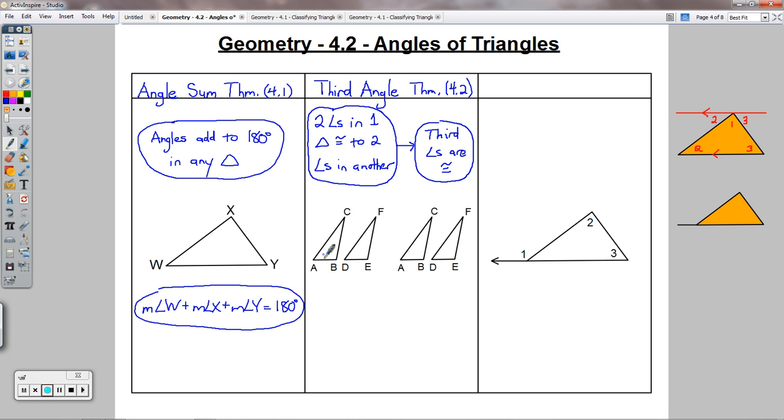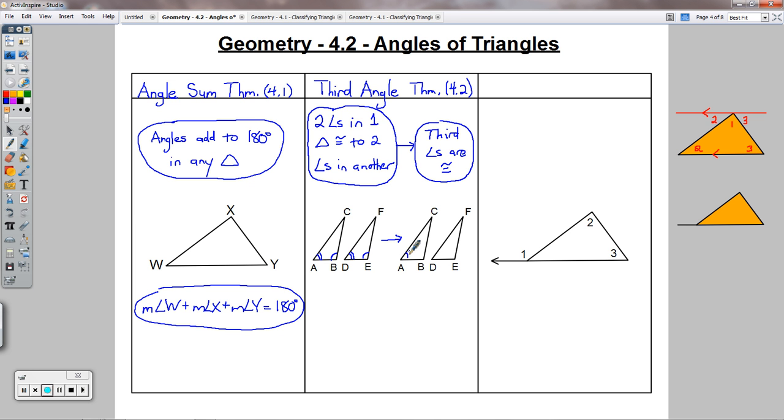What do I mean by that? We'll start off by putting one arc mark here and one arc mark here, and two here and two here. So if you have two angles in one triangle that are congruent to two angles in another triangle, like we have here, this implies that the third angles are also congruent.